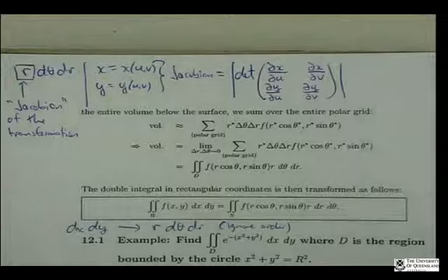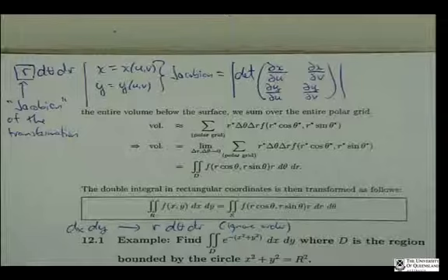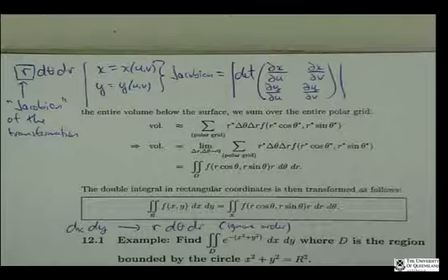Now you could actually go to the polar variable transformation, x equals r cos theta, y equals r sine theta, or if you like, x equals u cos v, y equals u sine v, plug it into that determinant formula for the Jacobian, and you'll find you end up with u.